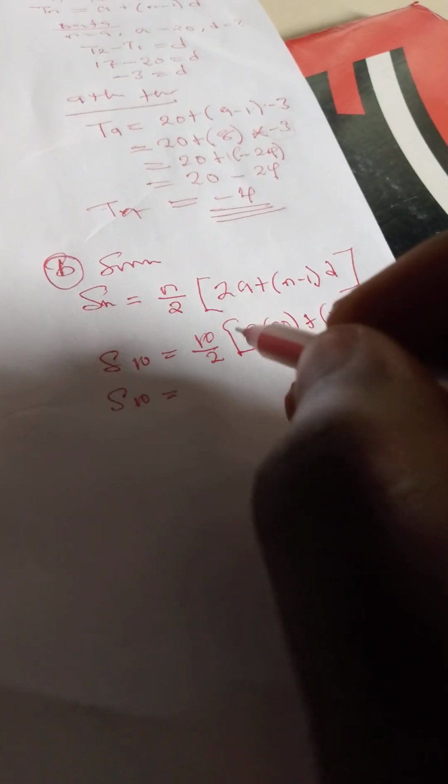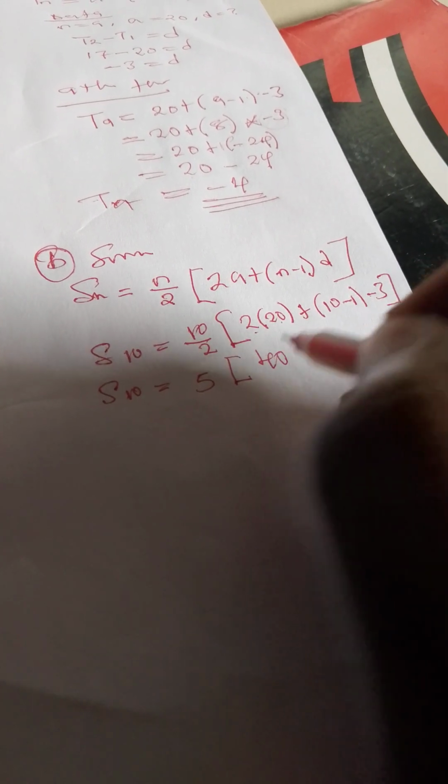So S base n is equal to 5, open bracket, this times this is 40, plus this and that is 9, then I keep multiplied by negative 3.